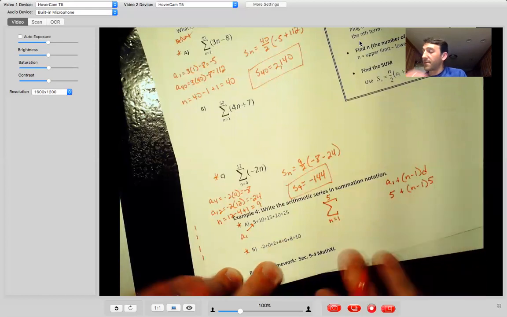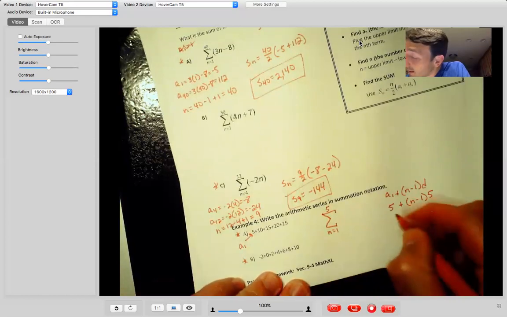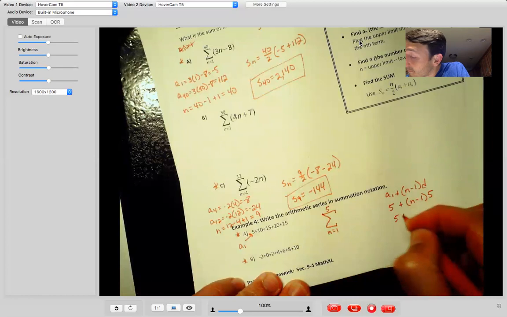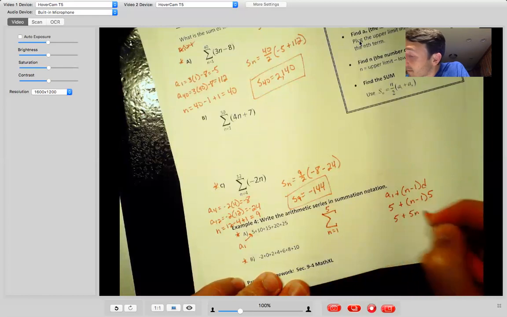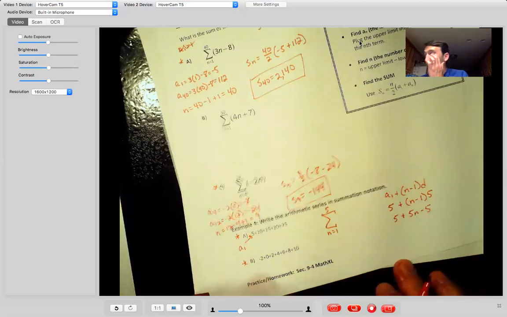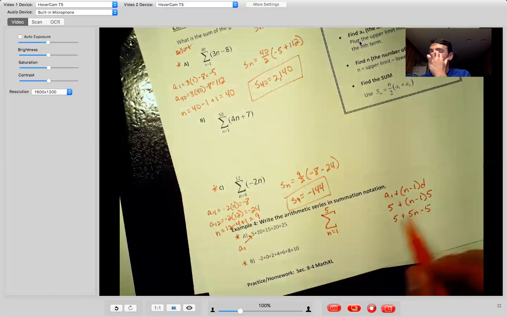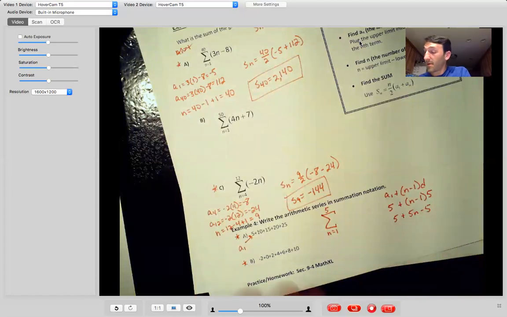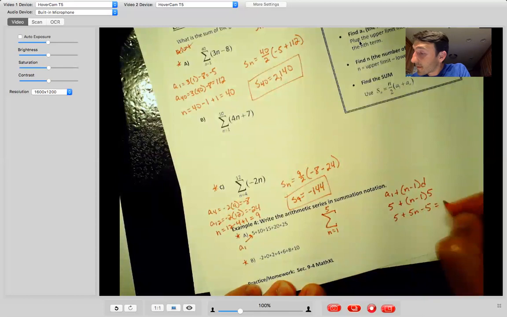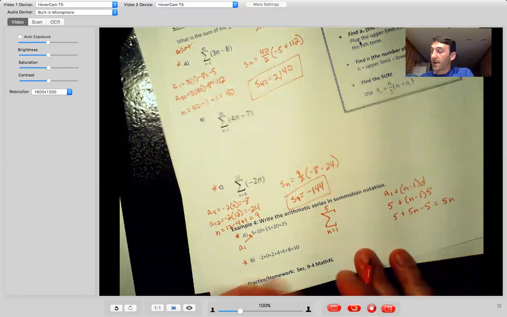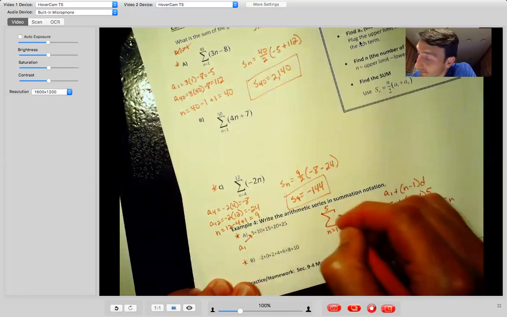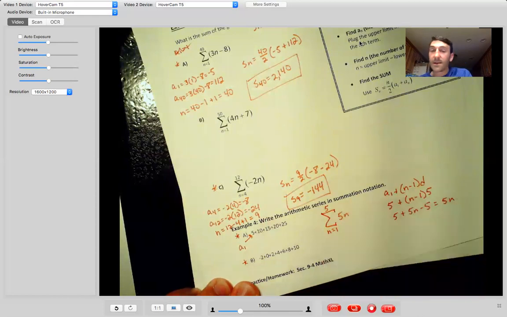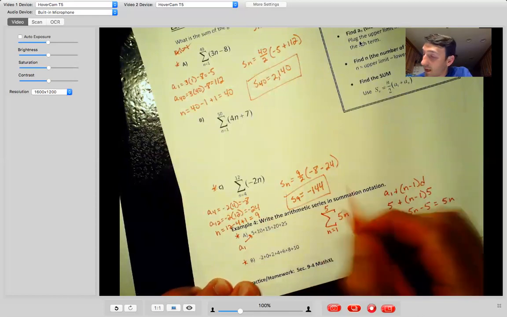My common difference is 5. So go ahead and just distribute 5 and minus 5. And then combine like terms. 5 minus 5 is 0. So overall, it's just 5n. Like I said, that may have been obvious.